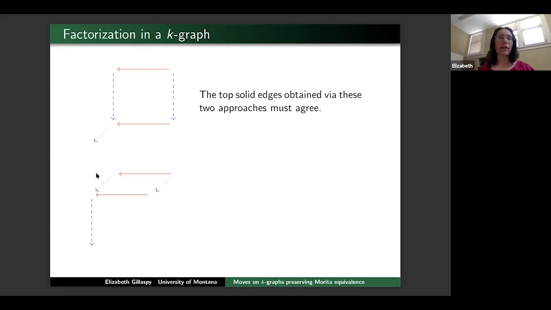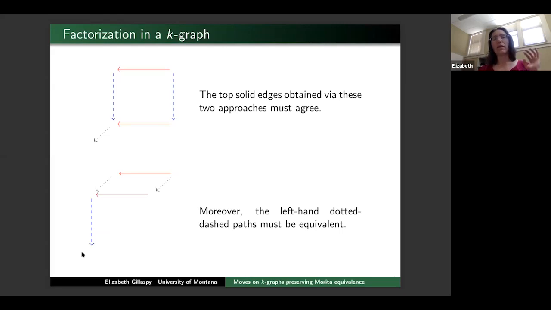And similarly, again, thinking about these as occurring on a cube, we've got this blue-black path on the top version up there, and it starts and ends at the same point as this black-blue path that we have on the bottom picture of the cube. So in order for our factorization rule, our pairing of two color paths to give us a k-graph, those left-hand paths, the blue-black or black-blue paths, those have to give us the same face.